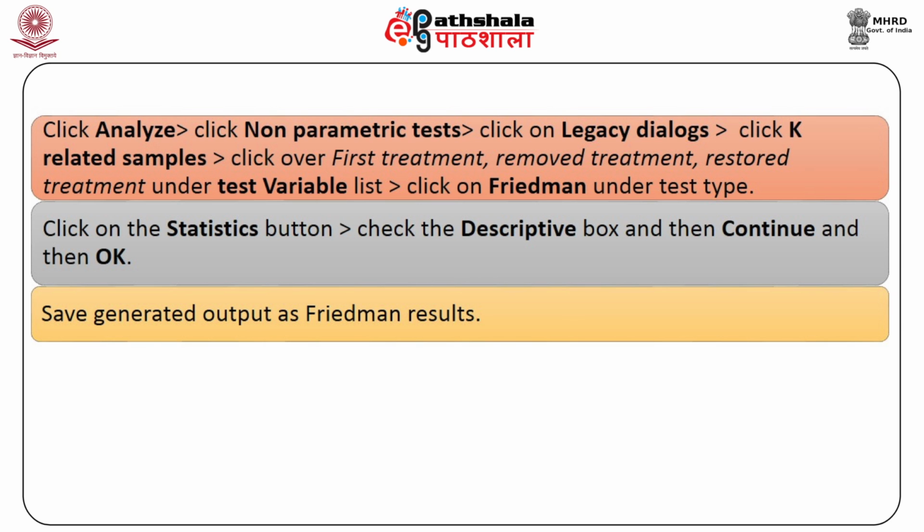Click on the statistics button, check the descriptive box and then continue and then OK. After giving these commands, some results would be generated. You save the generated output as the Friedman results.